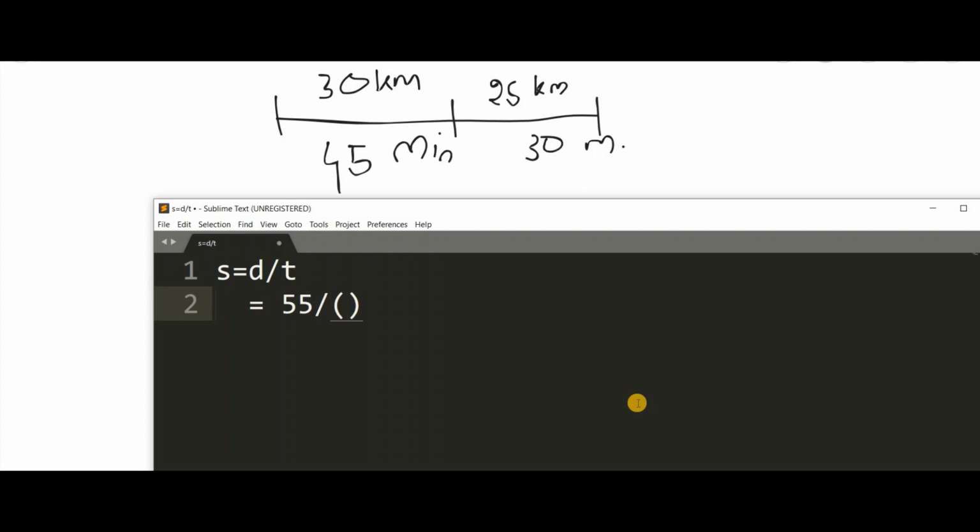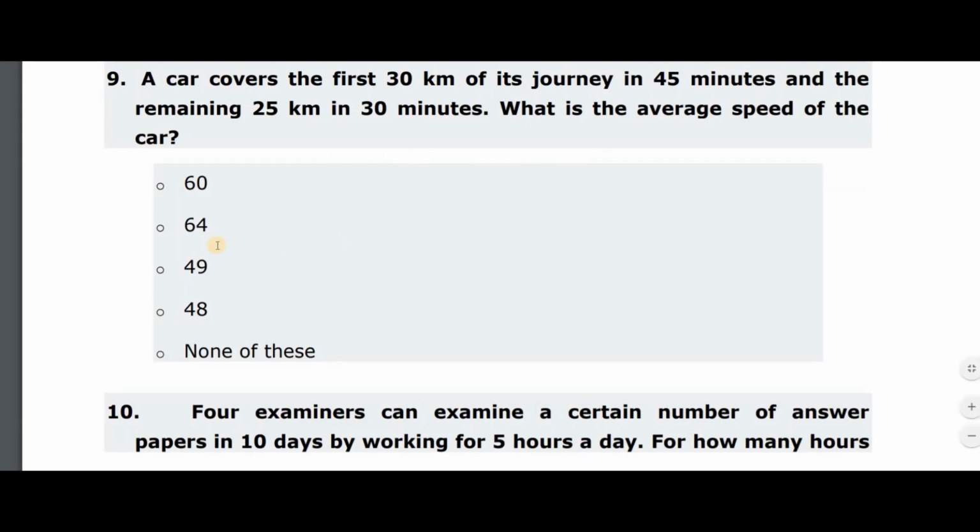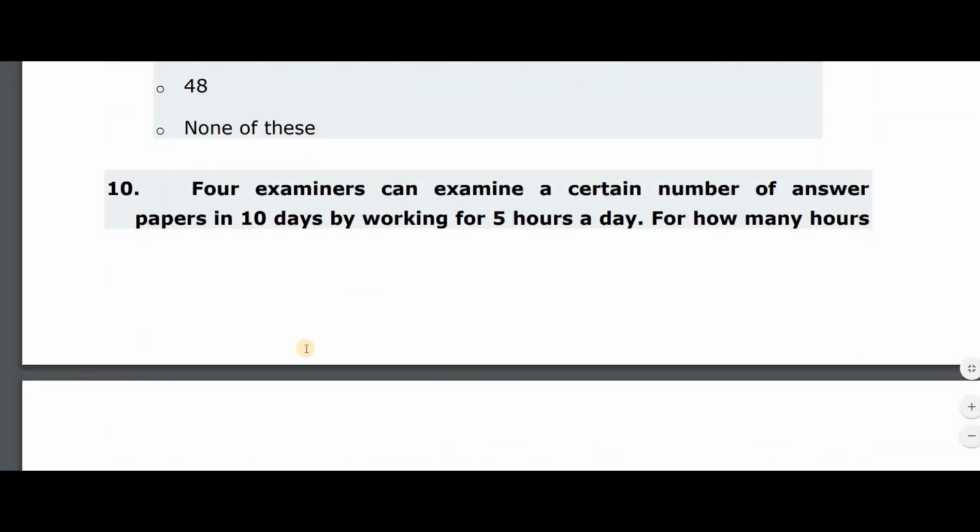So 45 minutes means 3 by 4 hours plus 30 minutes means 1 by 2 hours. So if we solve this, we will get 55 into 4 divided by 5, which is 11 into 4, it is 44. So 44 kilometers per hour. So there is no option, so we have to mark none of these.